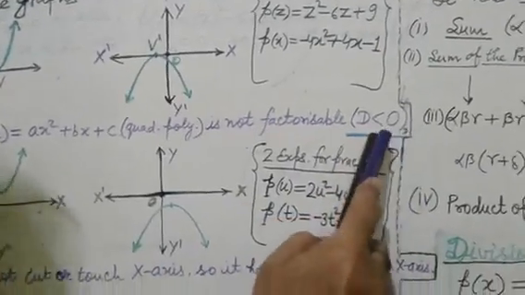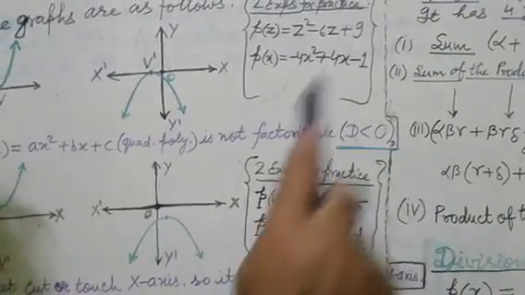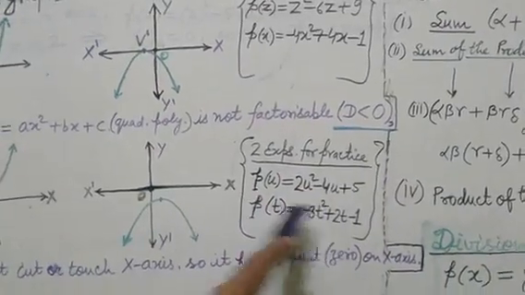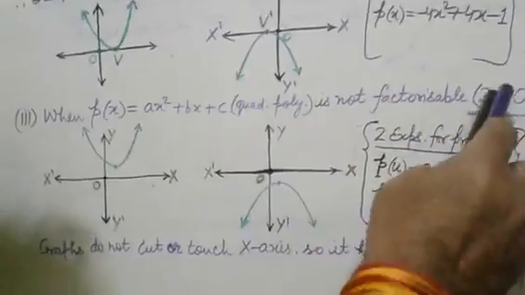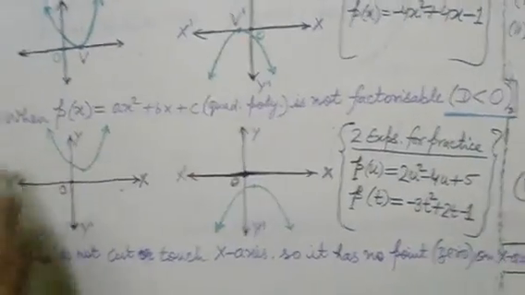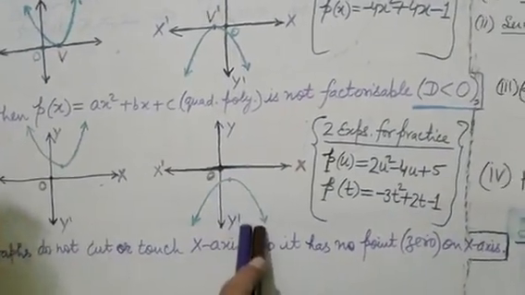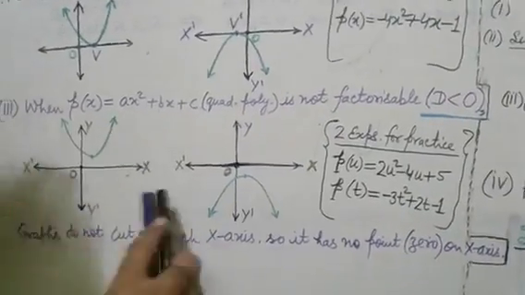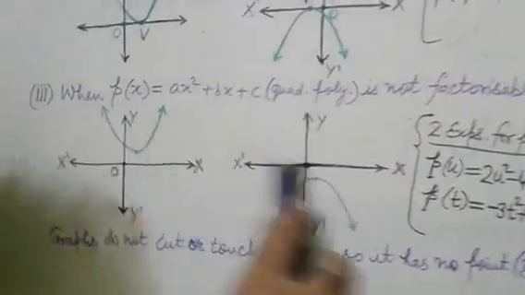For this, the discriminant is smaller than 0, or D is negative. Two examples are also there for practice. The value of D comes negative and the graph looks like this. There are also two positions where the graph neither intersects nor touches the x-axis.